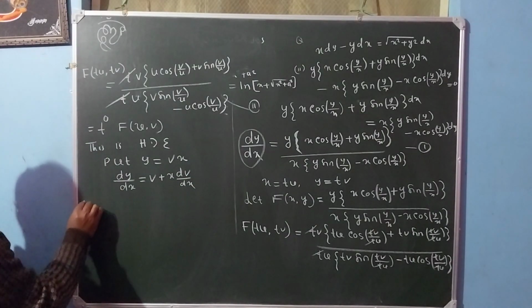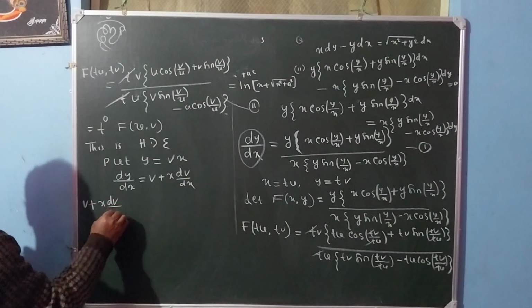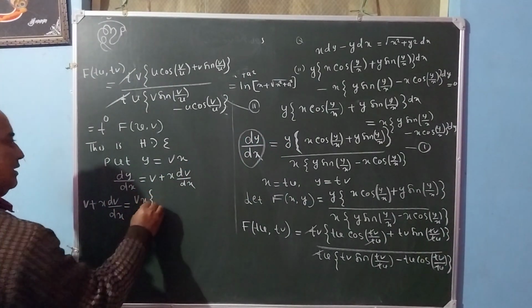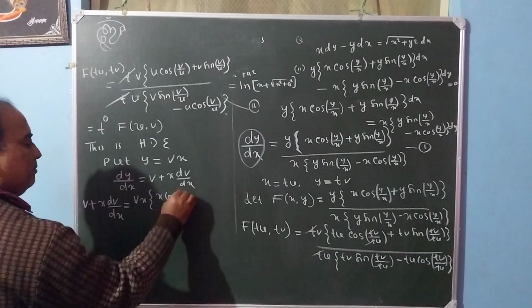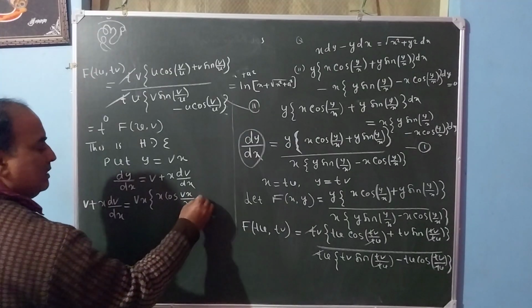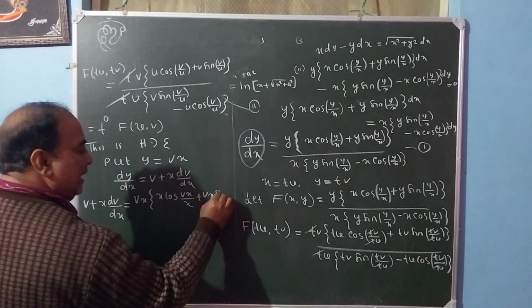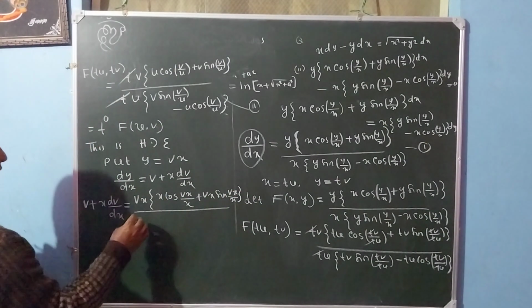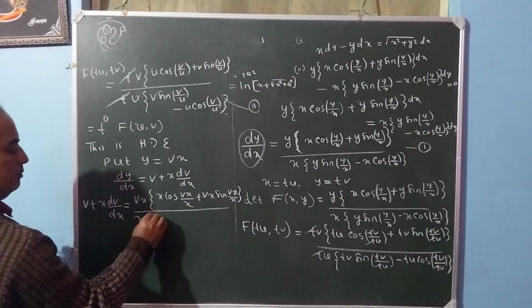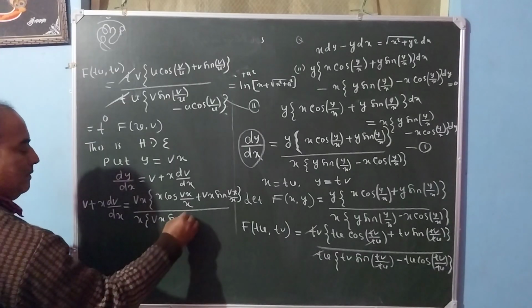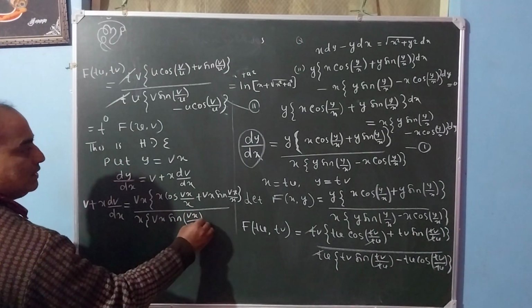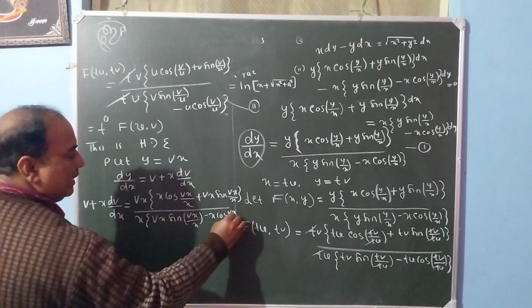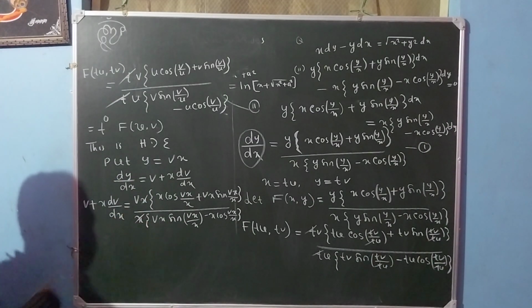So we get v plus x dv by dx is equal to, here it is y, vx, x cos(vx/x) plus vx sin(vx/x), divided by vx sin(vx/x) minus x cos(vx/x). So this x cancels with this x.